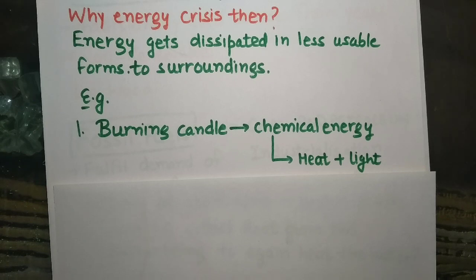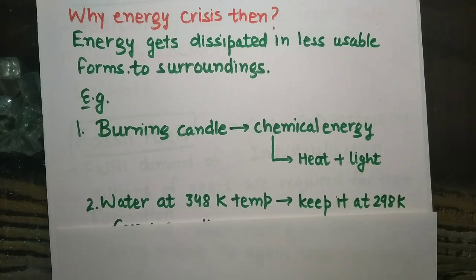So we can say that the energy gets dissipated or wasted in different forms that cannot be used again, that is, less usable forms to the surroundings.